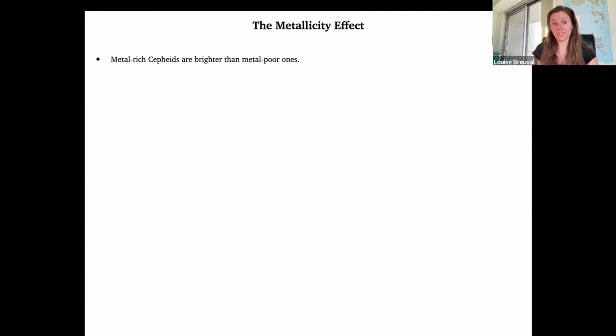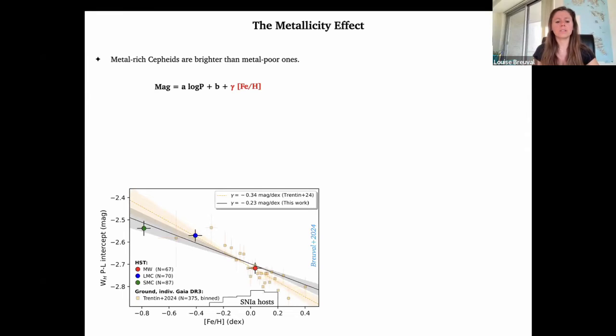So you need to account for that when you measure their brightness. We do that by including an additional term, gamma, in the PL relation. So it's not just simply A log P plus B, but it's also plus gamma, the metallicity correction, times the metallicity. That's something you can easily see when you plot the PL intercept, or just the brightness of Cepheids, as a function of metallicity.